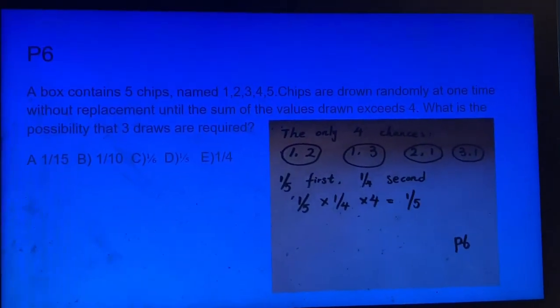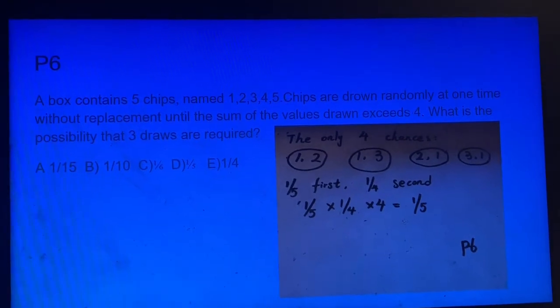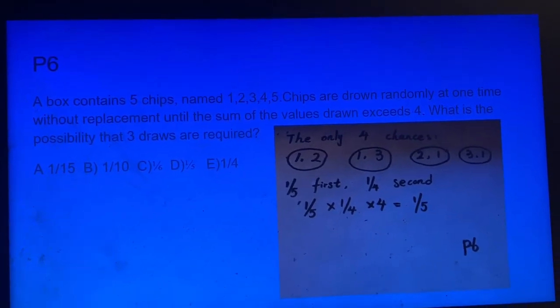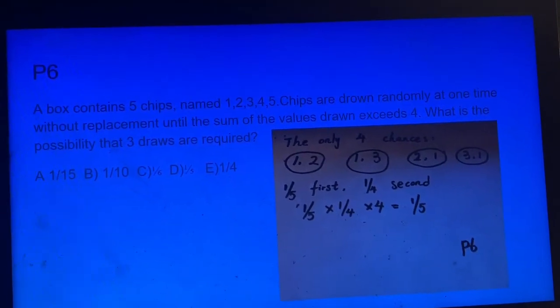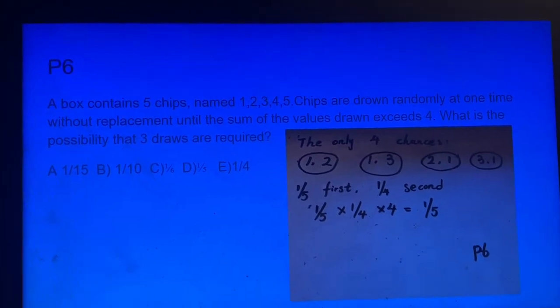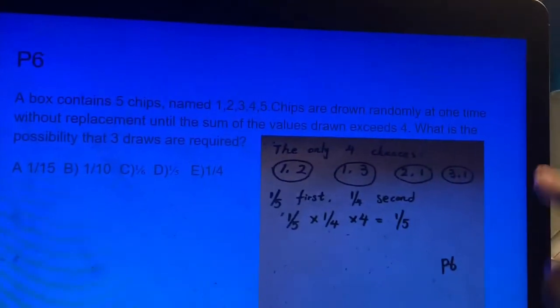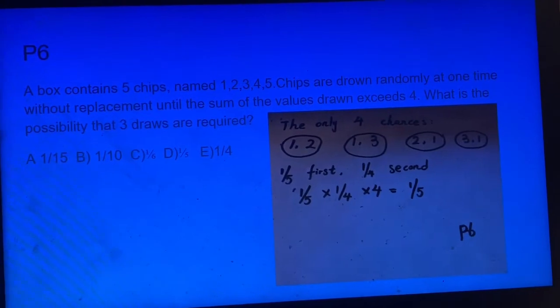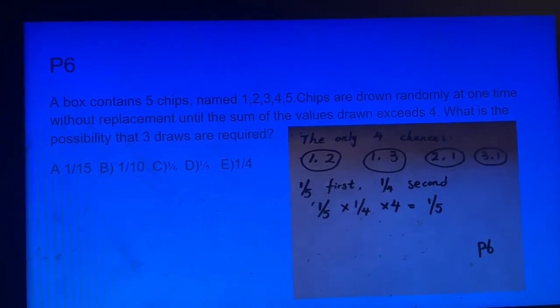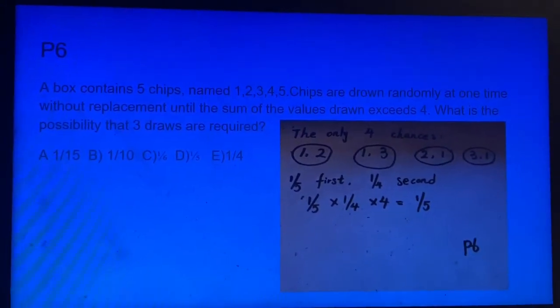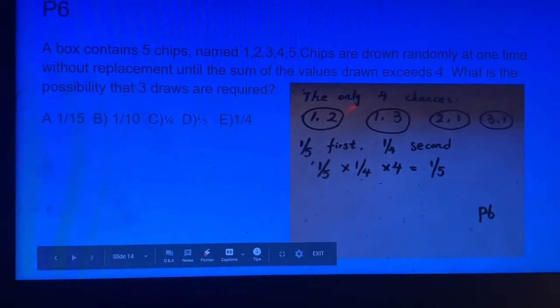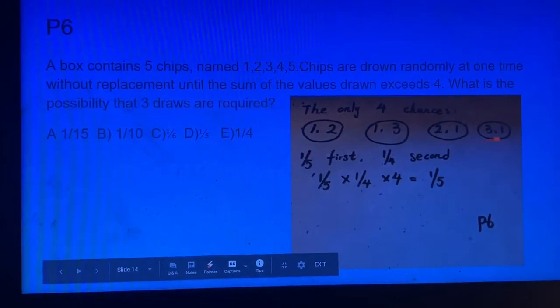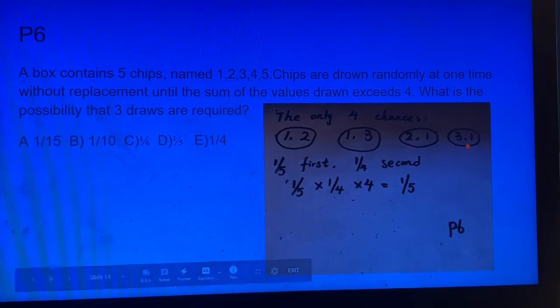So we know that there are only 4 ways to take chips without exceeding 4. I mean, for the first 2 draws, there are only 4 possibilities where the values won't exceed 4, which are respectively these.